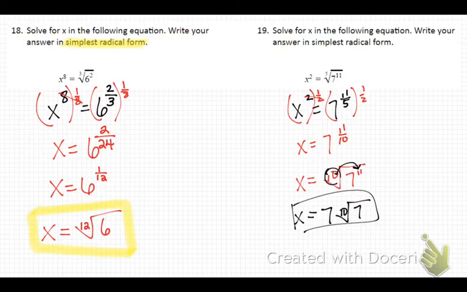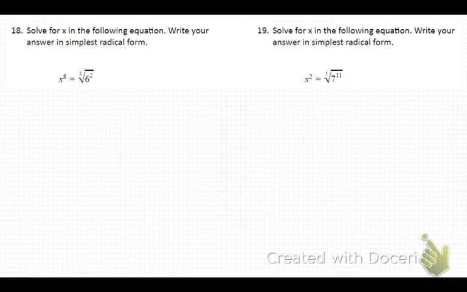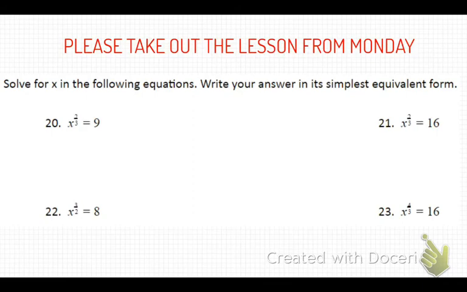No, 20 through 23? What do you notice about those questions compared to the first ones? Yeah, they're already in fraction form. So what I want to do, and what I would like you all to try to do every single time, and it will help you on your homework tonight, is to turn these numbers, if they're perfect squares or perfect cubes or perfect fourths, into their perfect numbers.